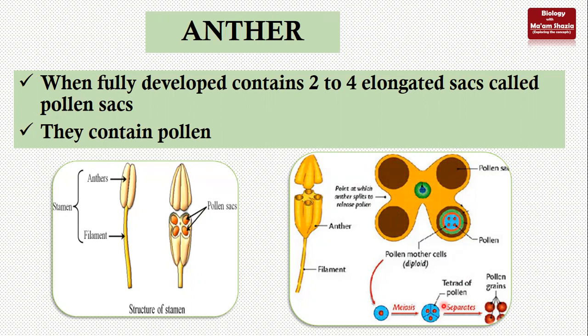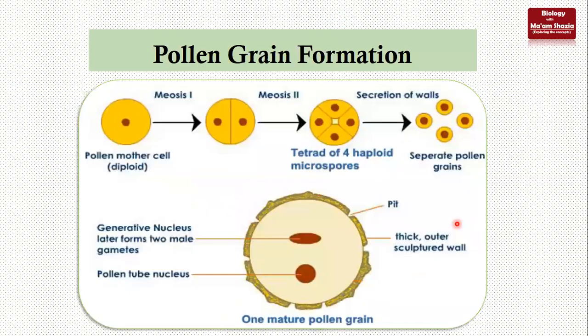Then this is how they are going to develop into pollen grains. This is the site for the production of pollen grains, right? Anthers have pollen sacs in them. Pollen sacs have microsporocytes or microspore mother cells inside, and these are responsible for the production of pollen grains.